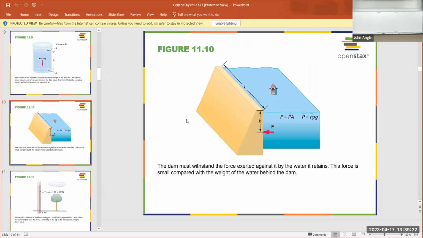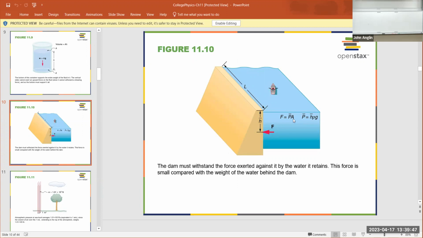So if we want to know how strong to build a dam, for example. Here's a dam, and here's some water. We know the force behind this has got to be pressure times area, right? That's just rearranging. Pressure is force per unit area. So force has got to be pressure times area.